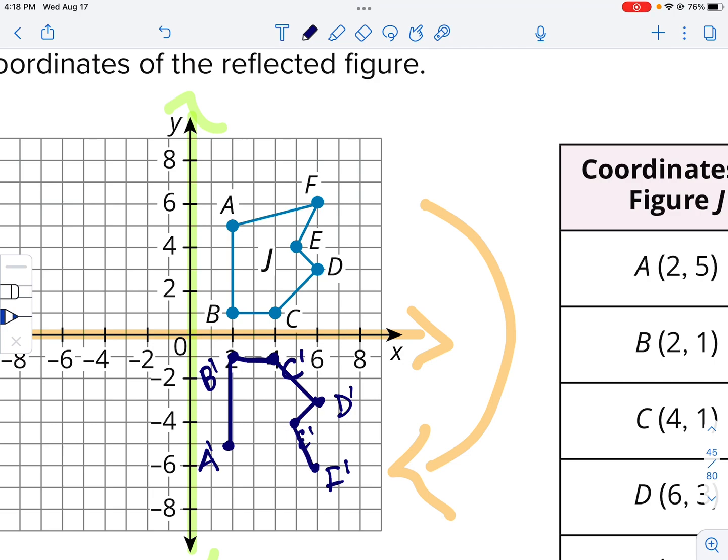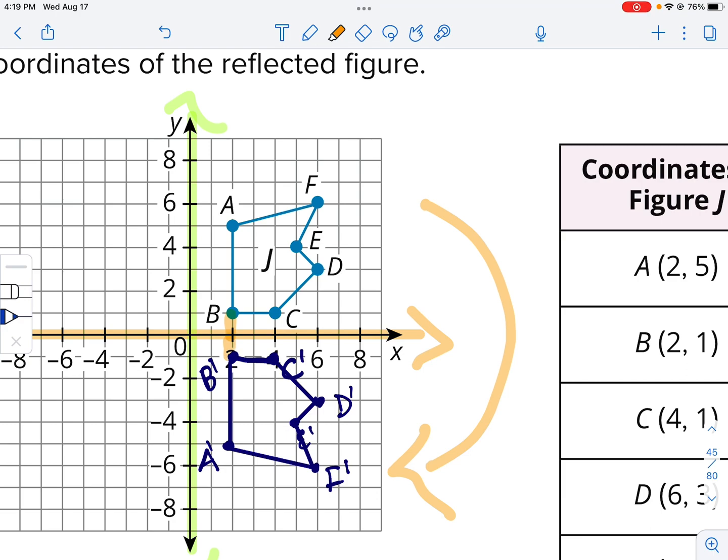Now you may have been thinking, how did she do that so quickly? Now I don't have a piece of paper, but I know that when I reflect this, the distance between the point and the x-axis here was 1. So that means down below it had to be 1.